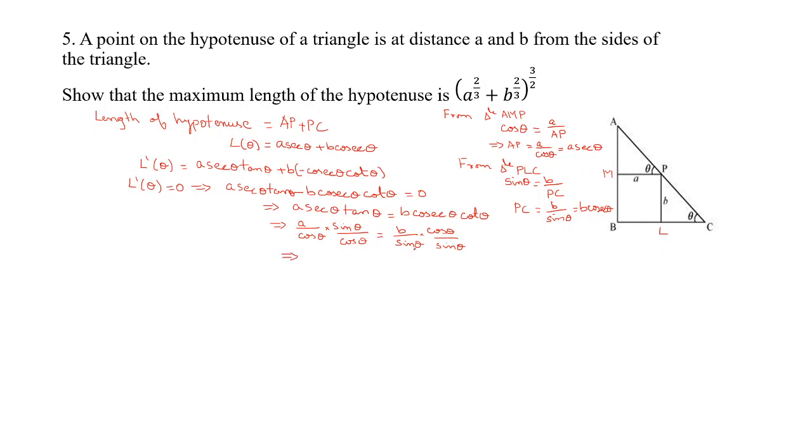So this will become sin cube theta by cos cube theta equal to B by A, or tan cube theta equals B by A. So that means the critical point is tan cube theta equal to B by A, or tan theta equals (B by A) to the power 1 by 3.